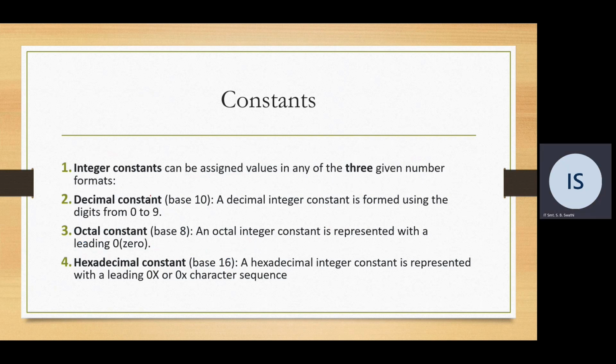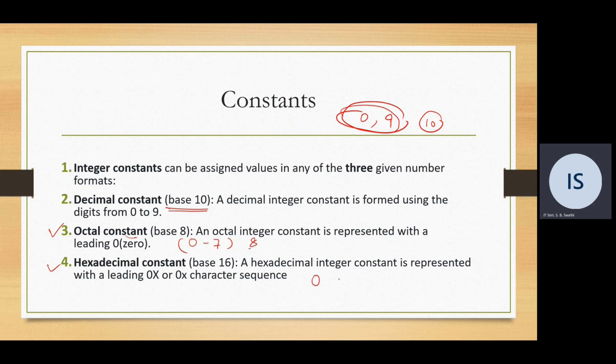And just like the normal integer numbers we have, we are also having some numbers like octal numbers and hexadecimal numbers. So if we consider our number format 0 to 9, the base of these decimal numbers will be 10. 0 to 9, total 10 numbers are there. Similarly, octal numbers, the range is from 0 to 7 and the base is 8.